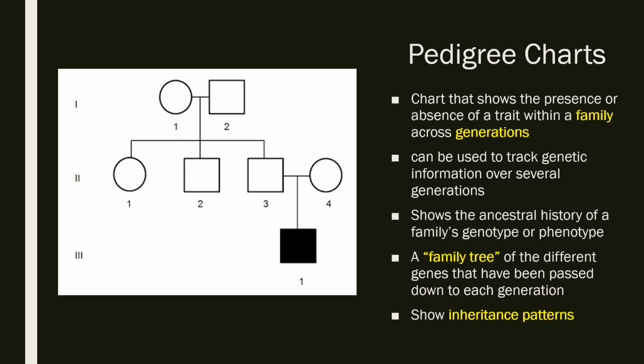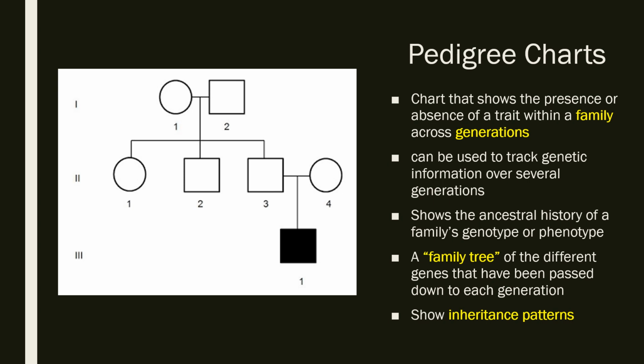So the next thing that we're going to talk about are pedigrees. And pedigrees are very similar to karyotypes in that they tell us a lot about a person's genetics, but pedigrees are at a bigger scale. So pedigree charts are what you see on the left. Those shapes, those lines, all of those things mean something.